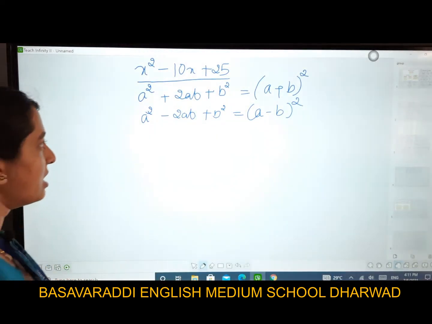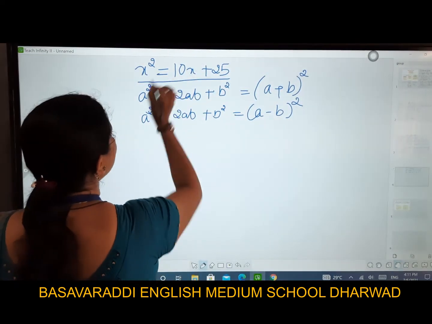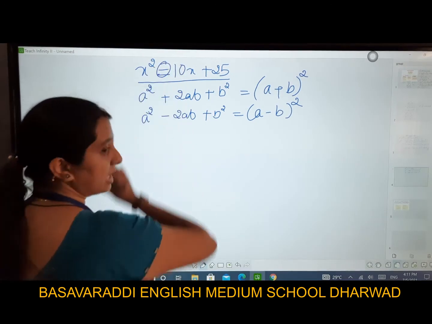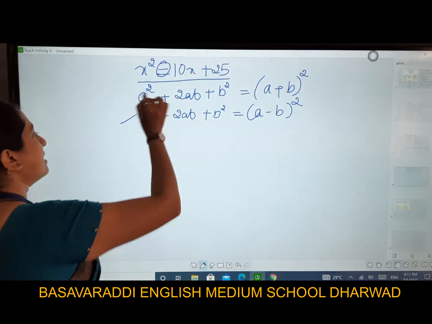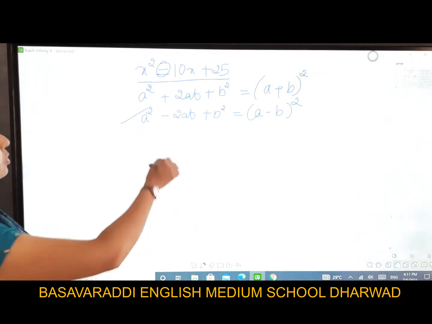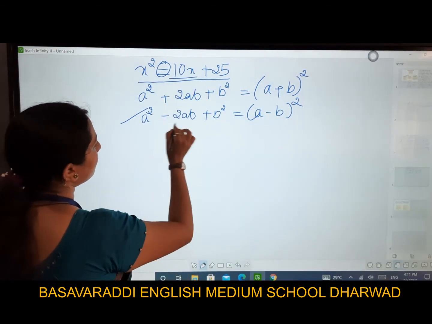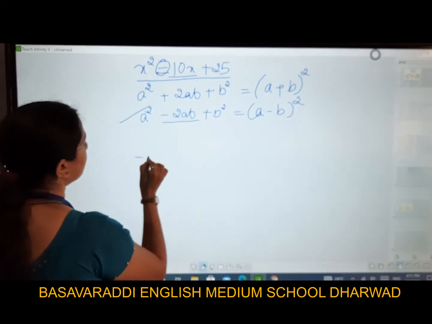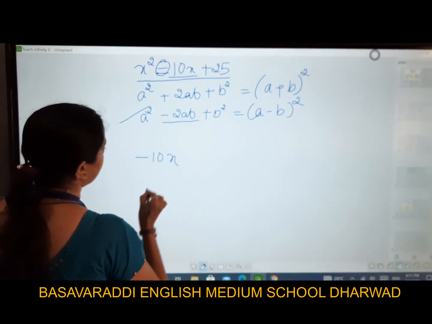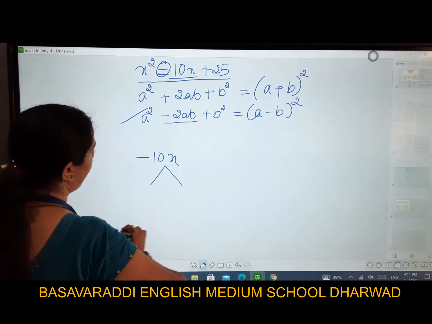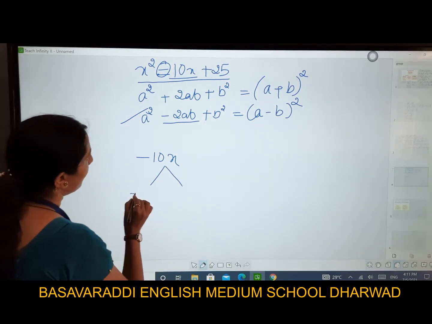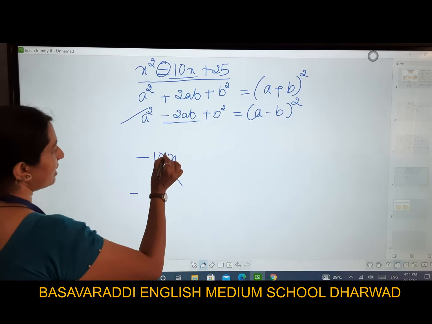Now as a negative sign is being shown here, we can go with the second one. So a square is x square, and we have minus 10x, which is minus 2ab.